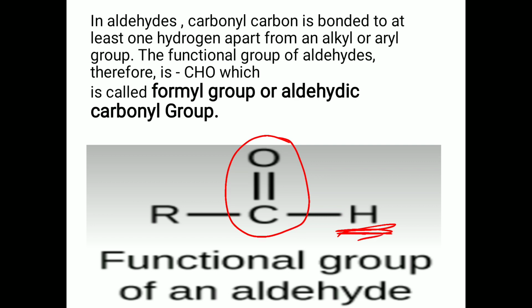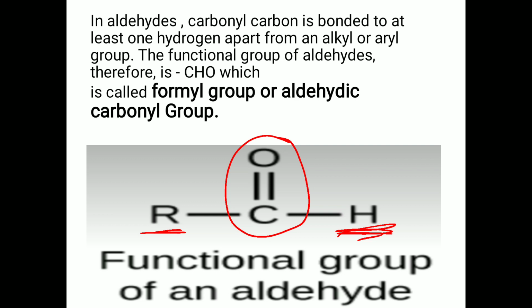Now note down one point, that sometimes this R is replaced by hydrogen also. For example, in formaldehyde there is no R group, that is alkyl or aryl group, there is direct presence of hydrogen, but the H is compulsorily present.